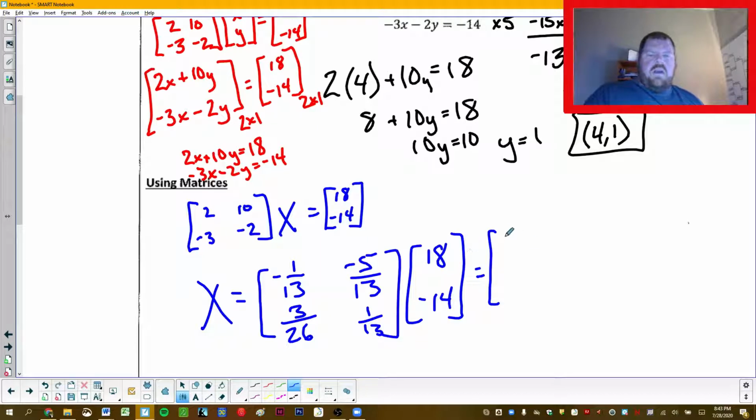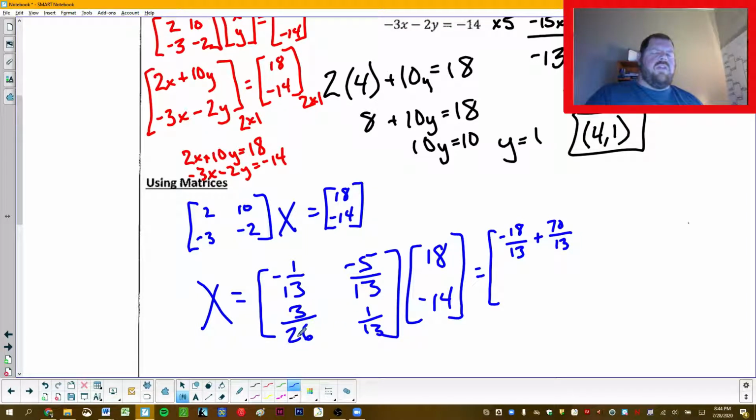That's going to be negative 18 thirteenths plus negative 5 thirteenths times 14. That's going to be a positive 70 over 13. Okay. And let's reduce that a little bit.